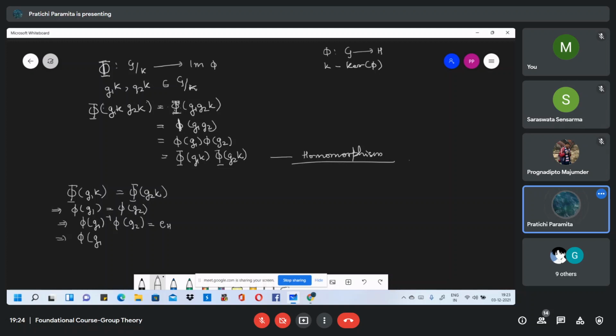This implies phi of G1 can prove using homomorphism, so you can go ahead and try to prove this.